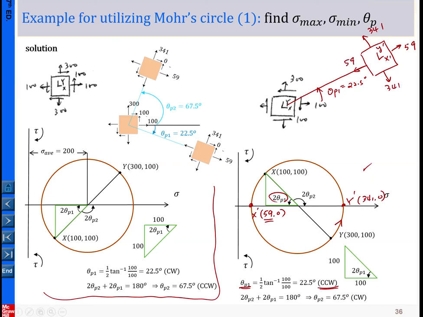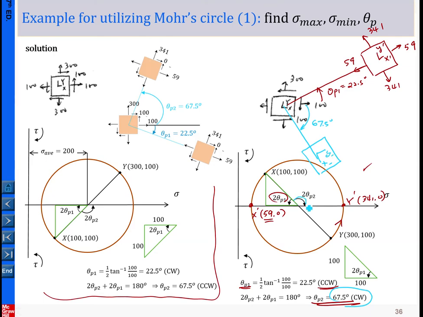And now for theta p2. Let me use a different color here. That's 67.5, so clockwise, 67.5 degrees. So the stress element will be like this one here, and this is x prime, this is y prime.